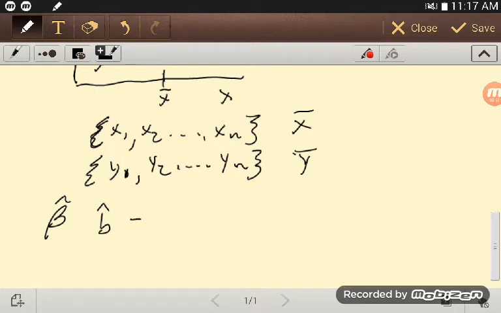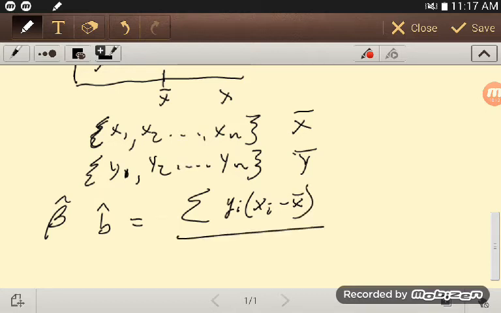So our approximation for that slope, we can use the formula where we sum up each yi times its corresponding xi minus x bar, divided by the sum of the xi minus x bar squared.